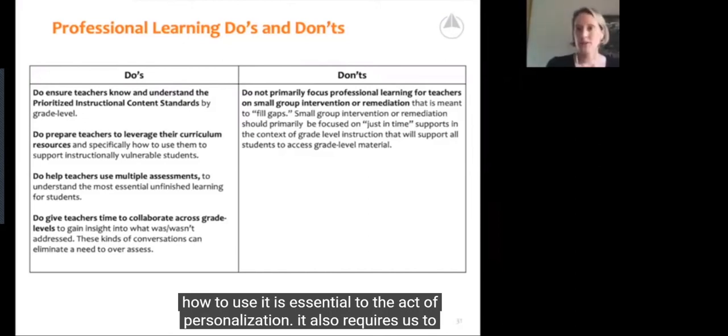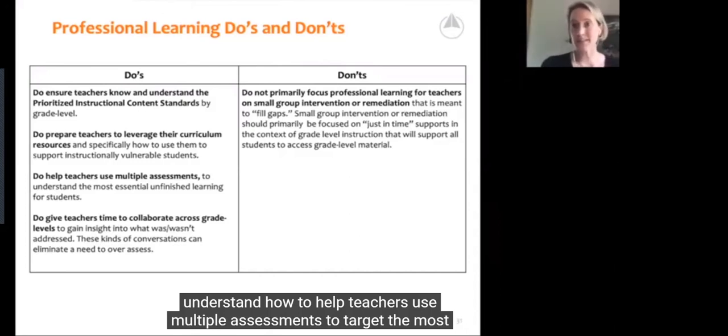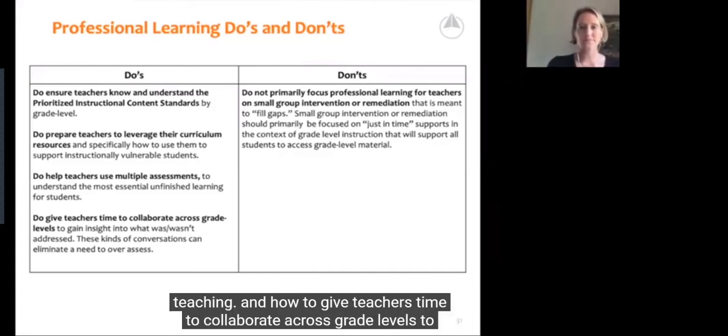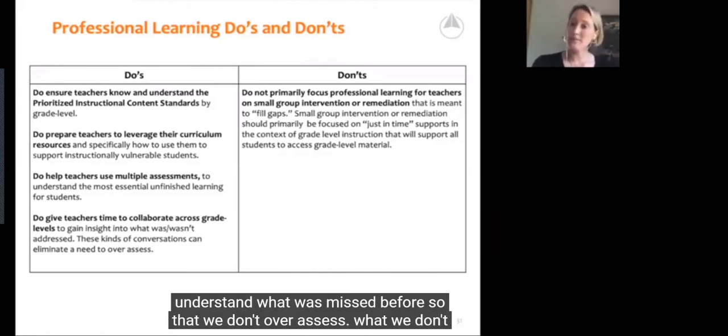It also requires us to understand how to help teachers use multiple assessments to target the most essential unfinished learning through the context of the content we're teaching, and how to give teachers time to collaborate across grade levels to understand what was missed before so that we don't overassess.